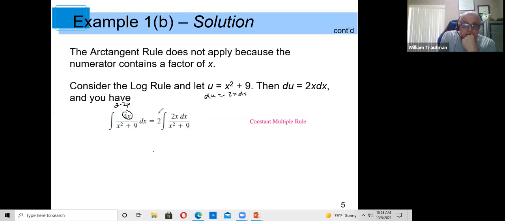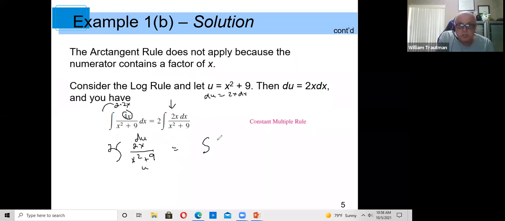So we can break that apart, and that's what they did in the next part here. They put this 2 on the outside, but they kept the other 2x there. 2 times 2 is 4. It's the same mathematical statement, and I just divided it a little bit. So this becomes du, and this becomes u. So we are integrating du over u.